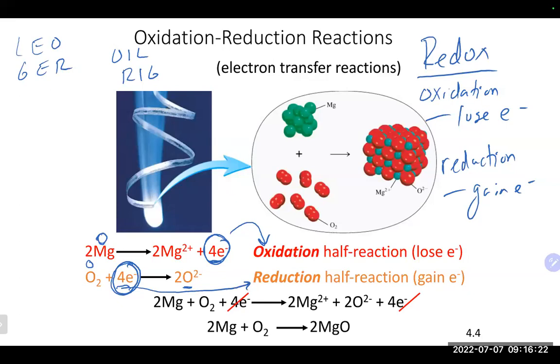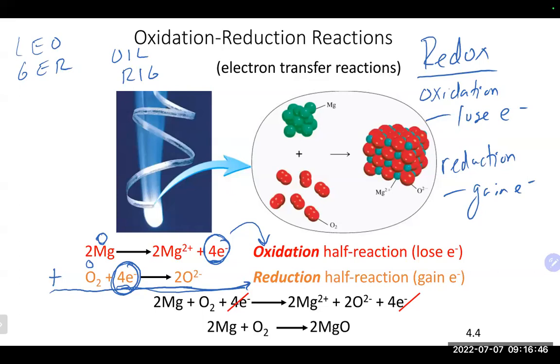If we add both of these half reactions together, they're called half reactions because they are half of what is going on. When you add them together, you get the equation below it. And by the way, when you add both of these together, there's a couple of things that you want to make sure of before you add them together. First off is the number of electrons should always be the same in both half reactions.